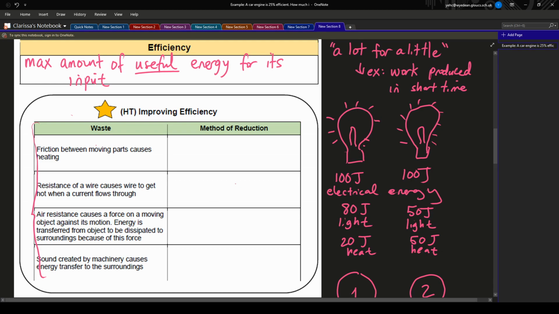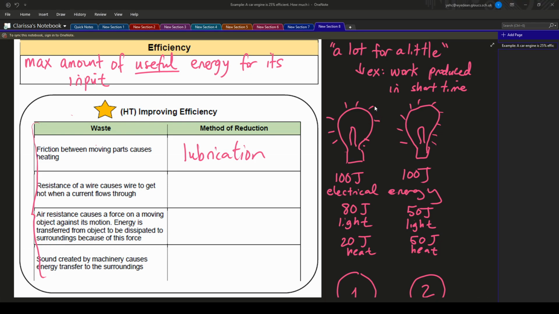So we already talked about how we can reduce heat loss due to friction. We can lubricate stuff. For the resistance of a wire, though, resistance causes the wire to get hot when the current goes through. So let's think about what we can do then to reduce this.